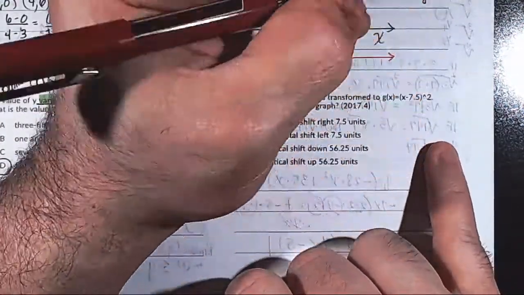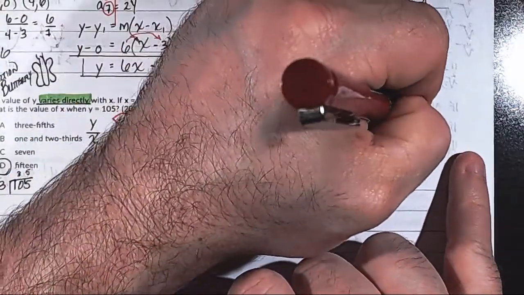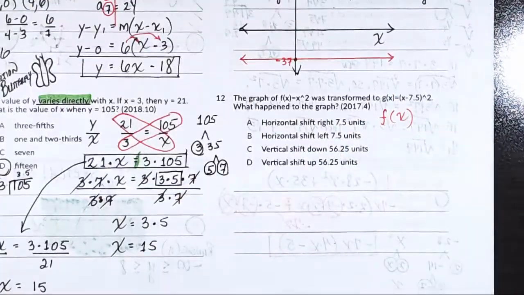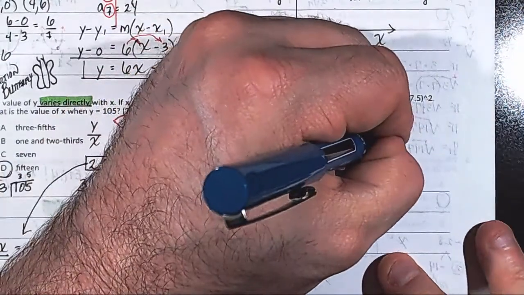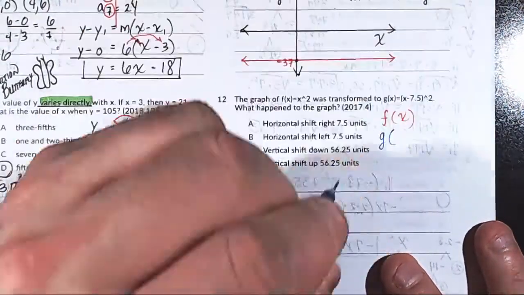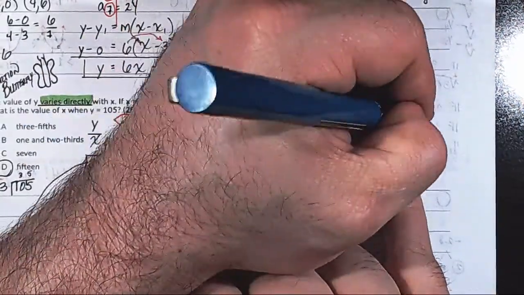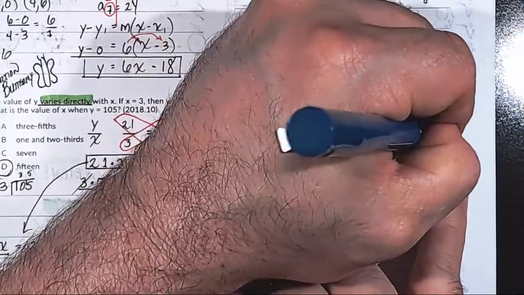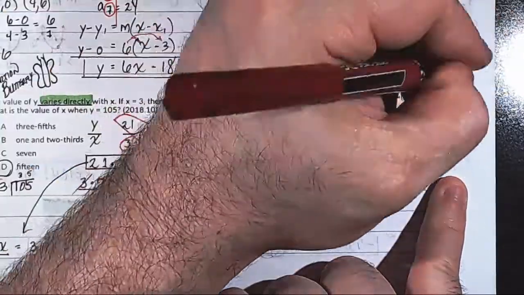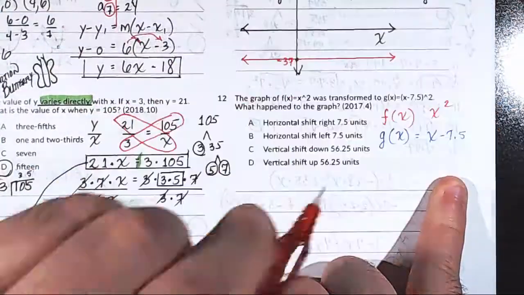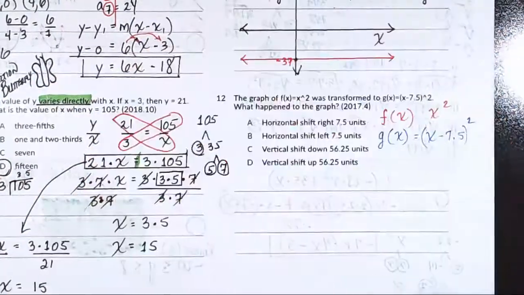When we see f of x and then we see g of x, where there's a shift, I've got f of x equals x squared, and then I've got g of x equals (x minus 7.5) squared.